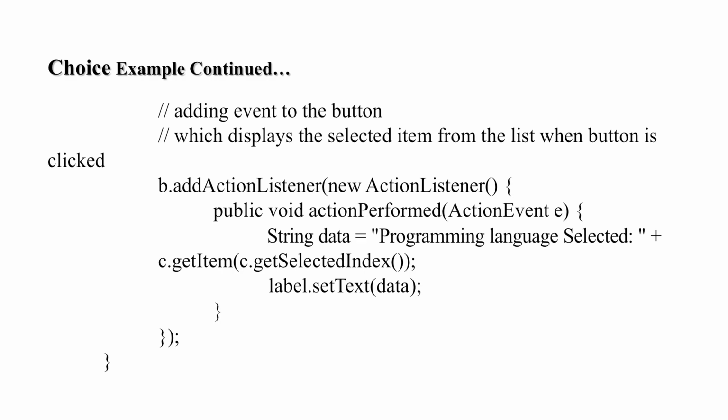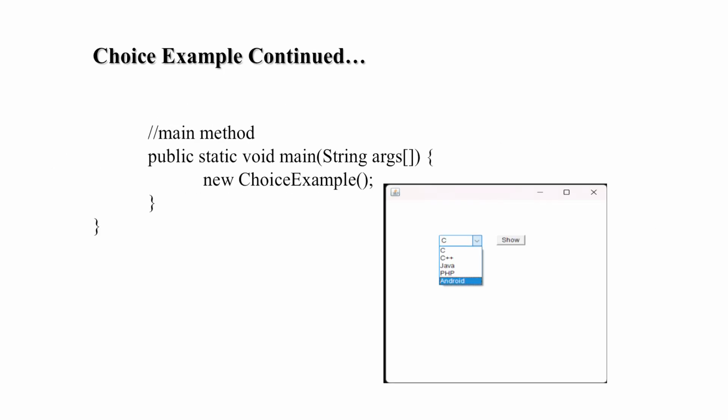New action listener. Whenever we select the name of a language from the choice, it will display the name of the choice, and then it will say programming language selected along with the name of the programming language.